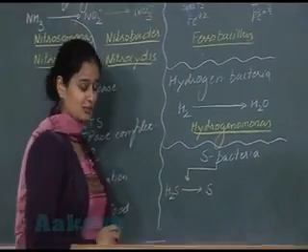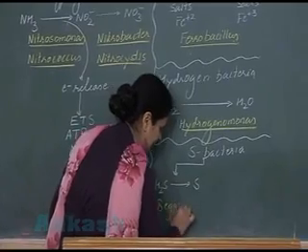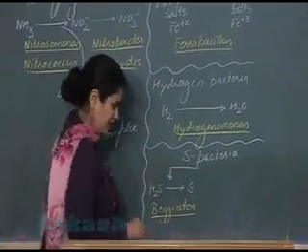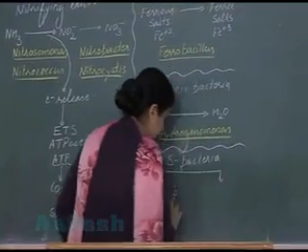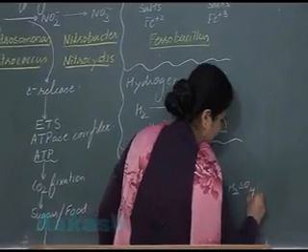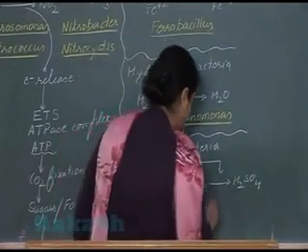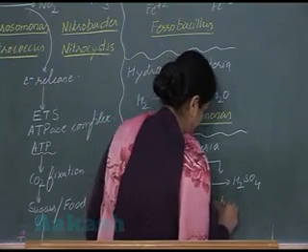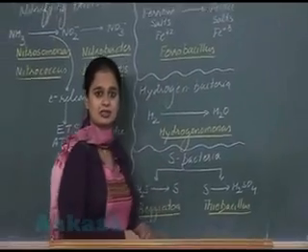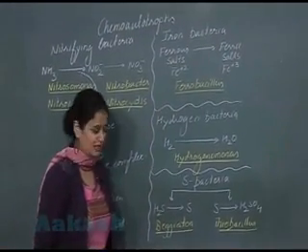The bacterium involved here is Beggiatoa. Next, this sulfur can be oxidized into H2SO4, formation of acid. The bacterium involved here is Thiobacillus. Right? So there should be no confusion here.